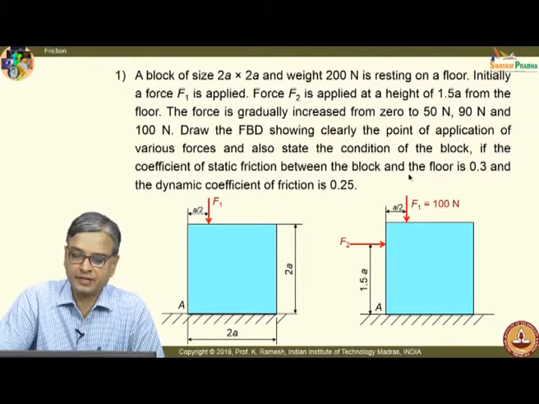You are also given the coefficient of static friction between the block and the floor is 0.3 and the dynamic coefficient of friction is 0.25. The idea is for different values of F2, you have to get the position of the reaction on the block and also at what distance it will act.